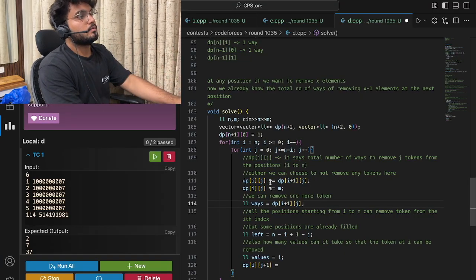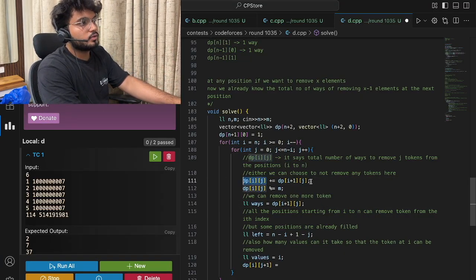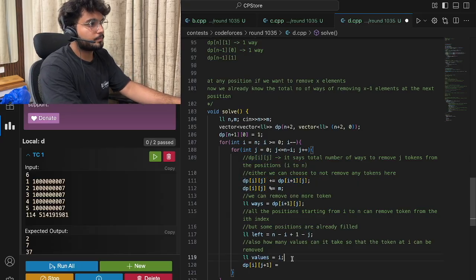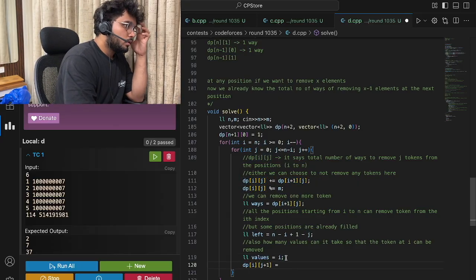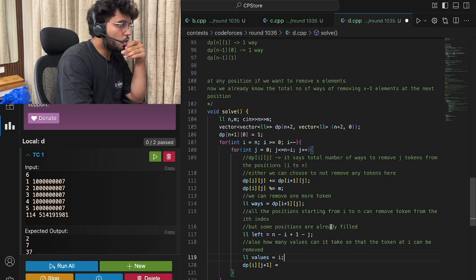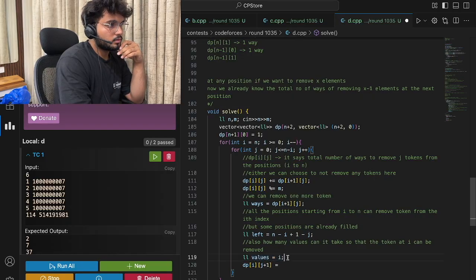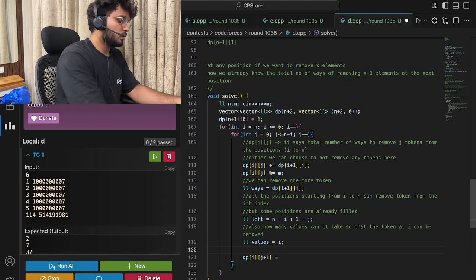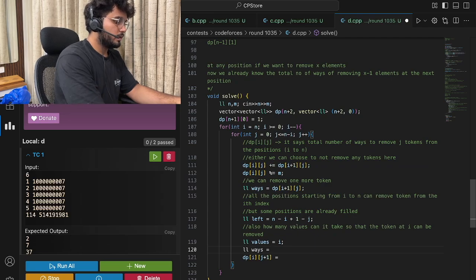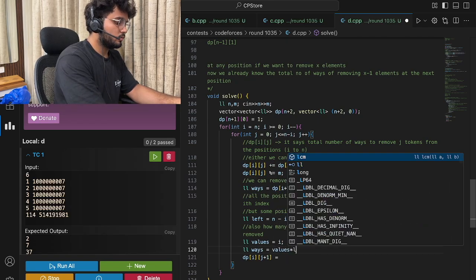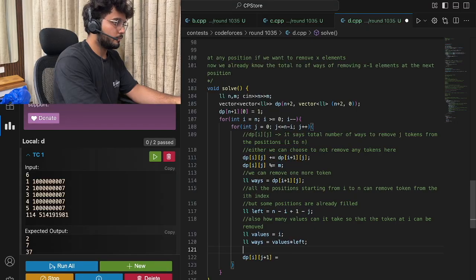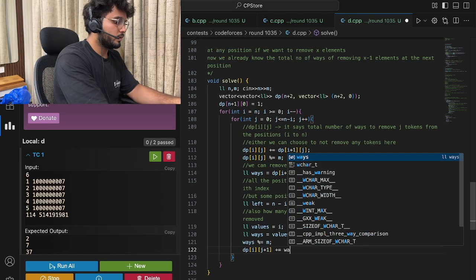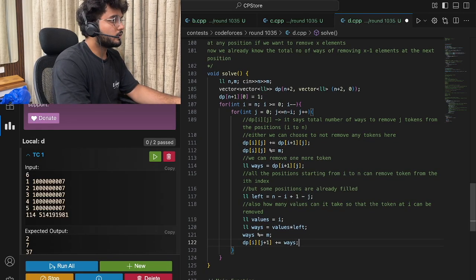So maybe this thing is already filled and so we need to add this value. Okay, so all of these left elements can take these number of values. Okay, so total number of ways will be values into left. Okay, ways mod equals to m, and this will be plus equals to ways. Okay, I think this looks good.